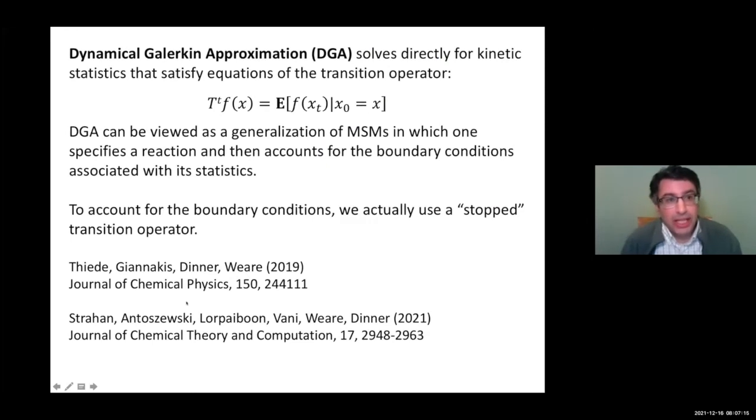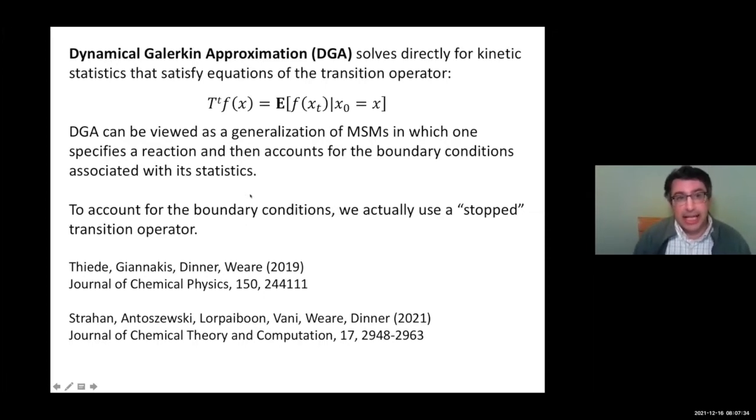So what I want to tell you about is an approach that we've been developing the last couple of years called the dynamical Galerkin approximation. What it does is shift the focus to directly solving for kinetic statistics.